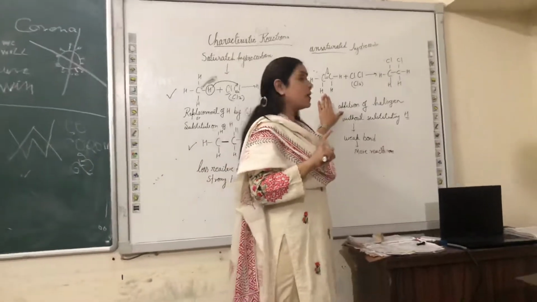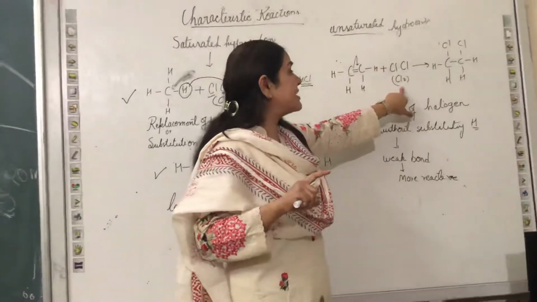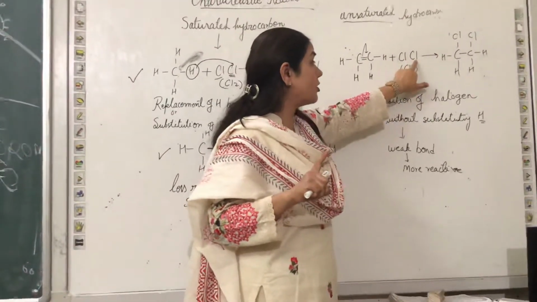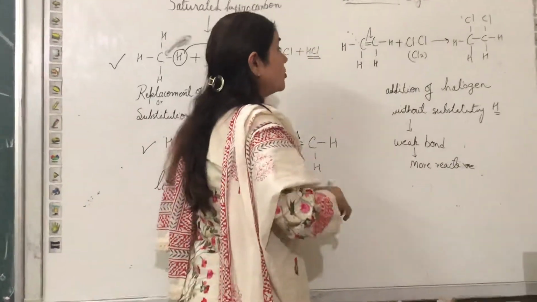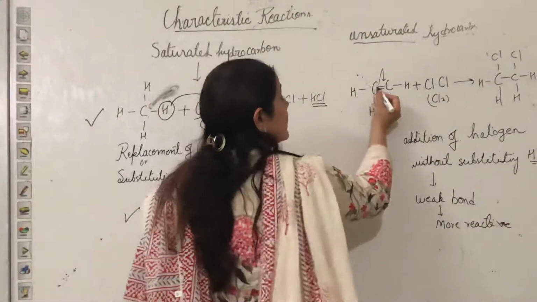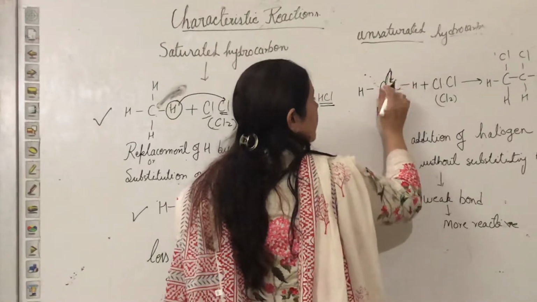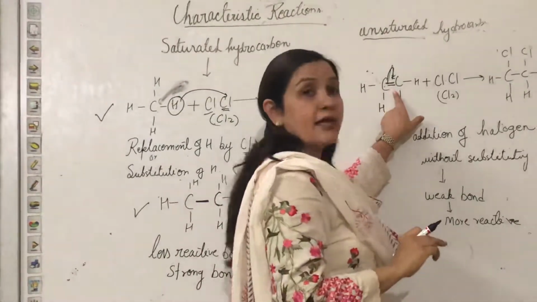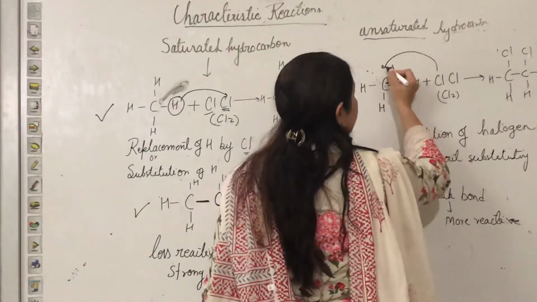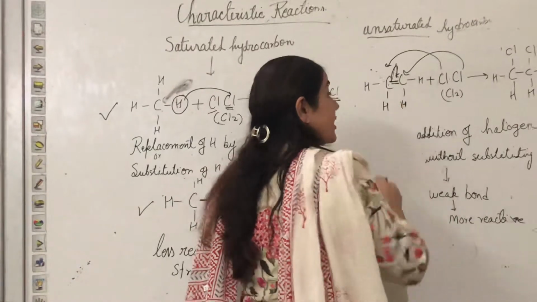Now when C2H4, ethene, reacts with chlorine, for better understanding I have written Cl-Cl, Cl2, you can write like this, Cl-Cl. What happens? I have told you it is easy to break the double bonding. So this double bond, the upper one, the pi bond, will break, and when it breaks, one Cl will attach over here and one Cl will attach over here without substituting the hydrogen.